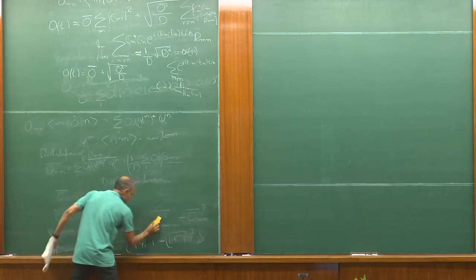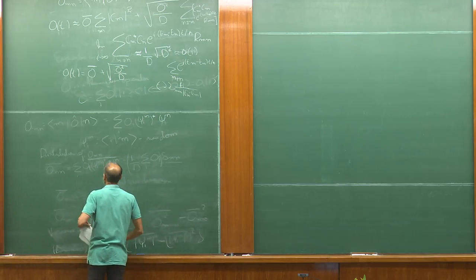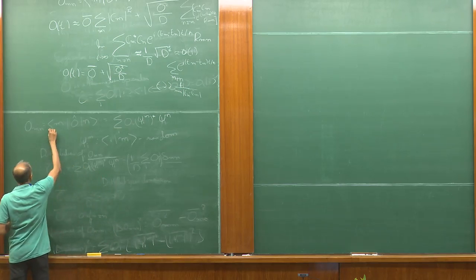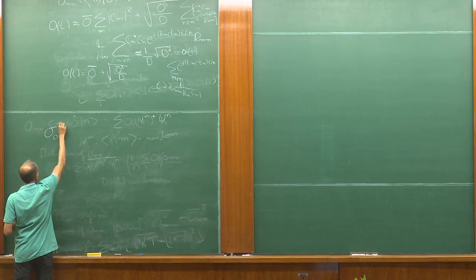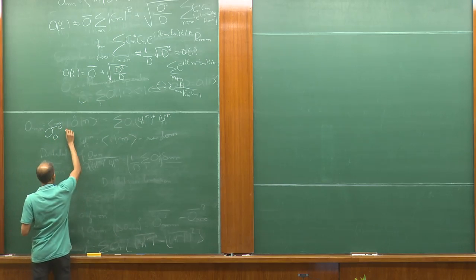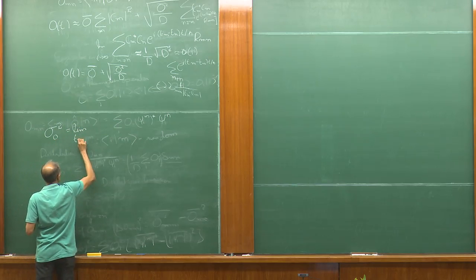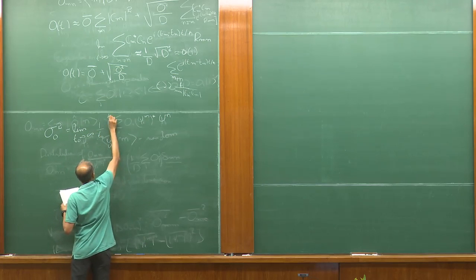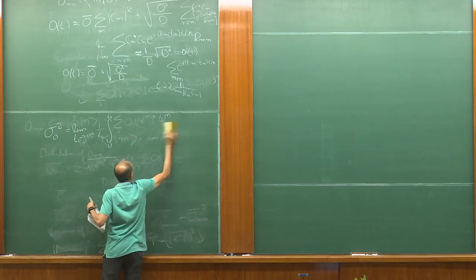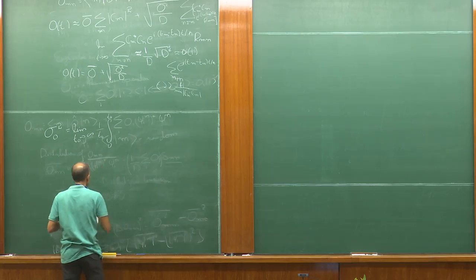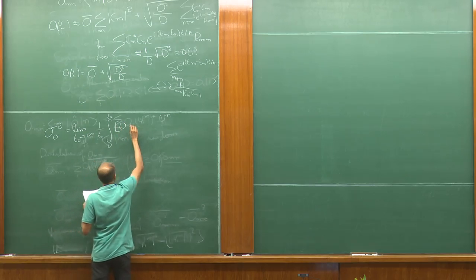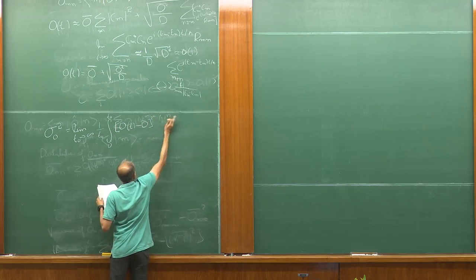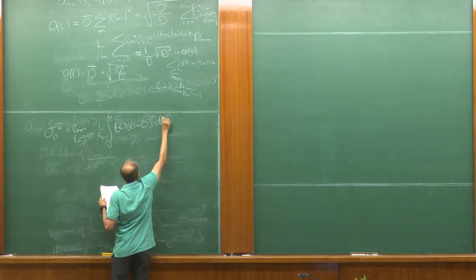The way that calculation goes is this. I'm going to calculate a quantity sigma O squared, which is defined in the following way: the limit T naught going to infinity of 1 over T naught, integral from 0 to T naught, dt.